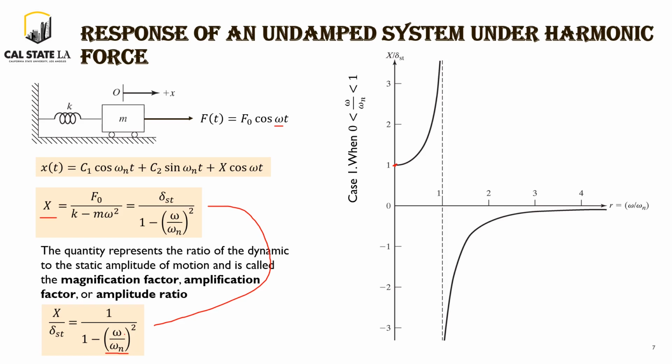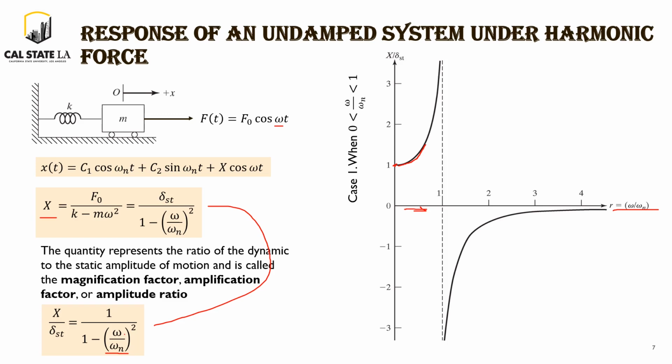This is why 1 minus (omega over omega n) squared will decrease. The inverse of that, which is x over delta st, will increase. So this is why we see on this curve, as omega over omega n increases towards 1, the amplitude ratio keeps increasing.